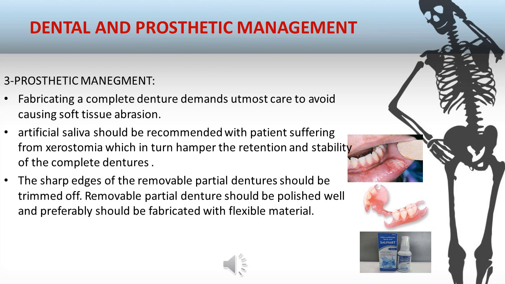The removable partial denture should be polished well and preferably fabricated with flexible material to avoid any harm or irritation to soft tissue, which, as we said, can cause tissue abrasion, and with delayed wound healing can cause a problem in hypertensive patients when fabricating a new partial denture.